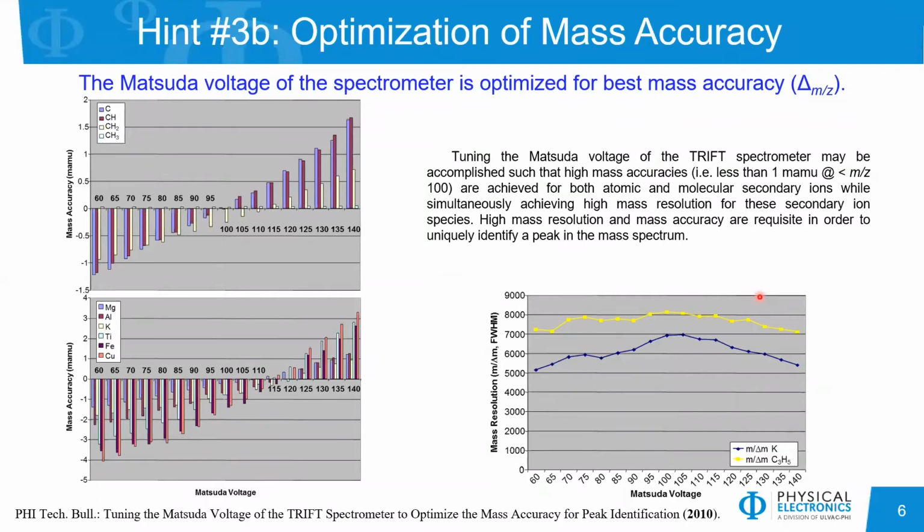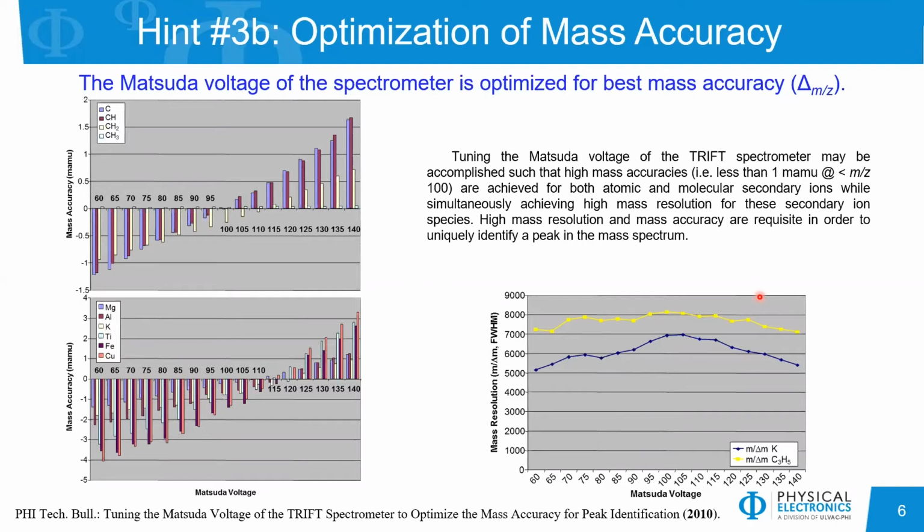Now, fortunately, on the TRIFT-based mass spectrometer, whether you have an older TRIFT instrument or one of the newer parallel imaging MSMS spectrometers, you have this capability to optimize the mass accuracy using the Matsuda voltage so that you can achieve good calibrations on both inorganic and organic ions.